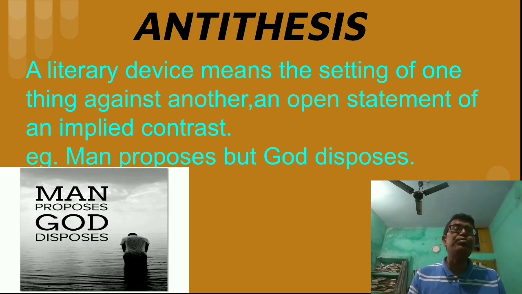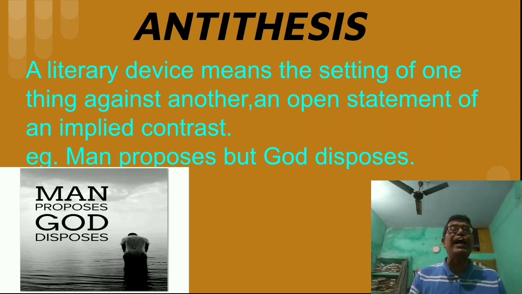Here the very words proposes and disposes are the setting of one thing against another. If man proposes, it will not get finality if God is unwilling. So proposes and disposes have an implied contrast. If God is unwilling, despite man being willing, man will not be successful.